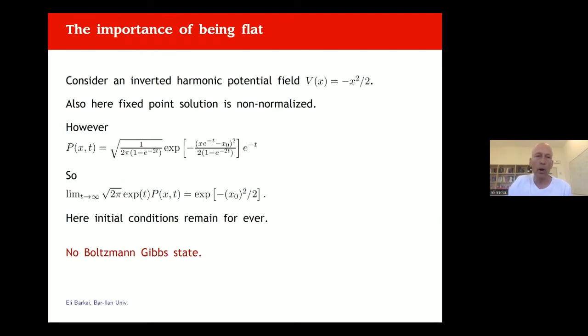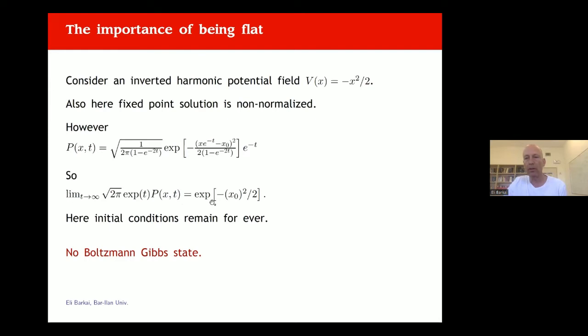So now I will just briefly mention that it's very important that the potential be flat, so that the spectrum will be continuous. For example, if I take this potential, which is negative minus x squared, an unstable harmonic oscillator so to say, one can solve the Fokker-Planck equation exactly with some initial condition. I can take the time t to infinity and multiply by some time-dependent factor, but then I get something very different.